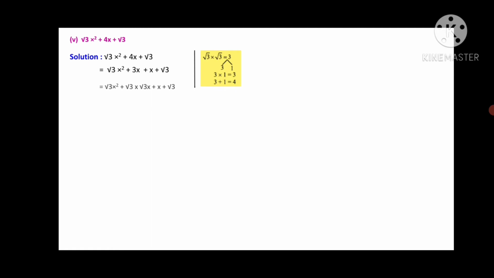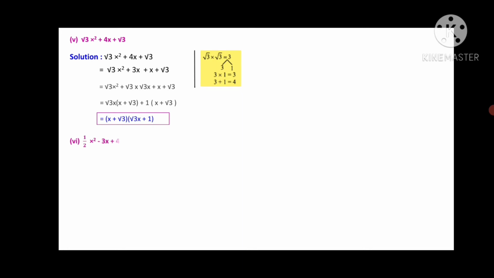So root 3x square plus root 3 into root 3x, since 3 could be split as root 3 into root 3, that is root 9, the square root of which is 3. So root 3x into x plus root 3, plus 1 is common in the bracket x plus root 3. So the two factors of this are x plus root 3 and root 3x plus 1.